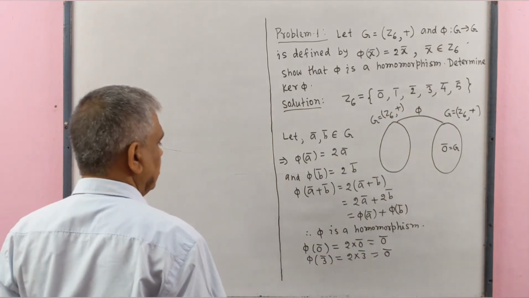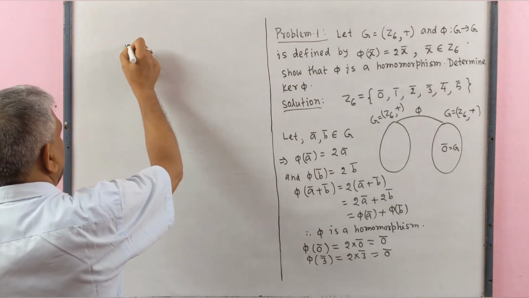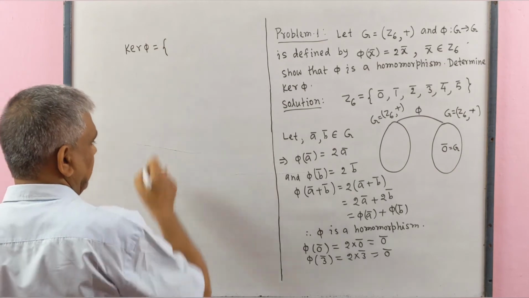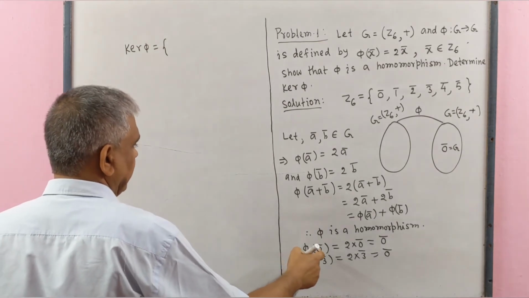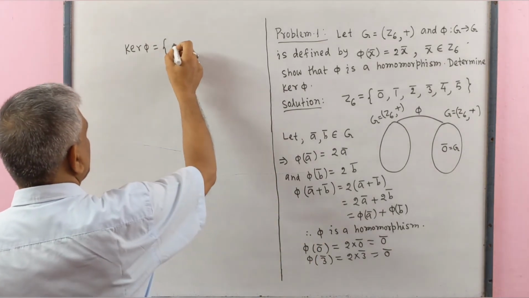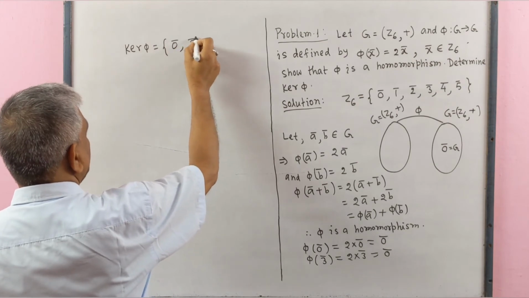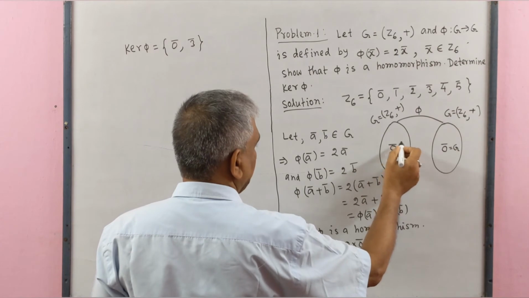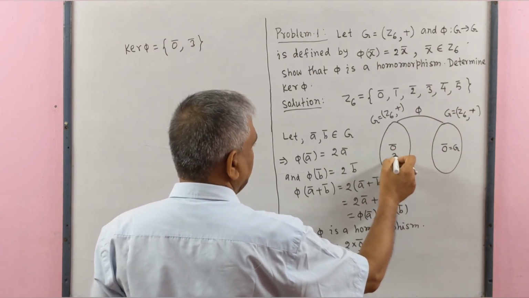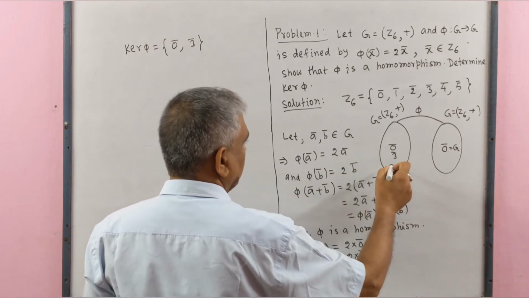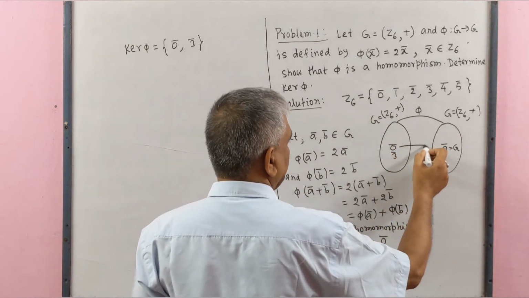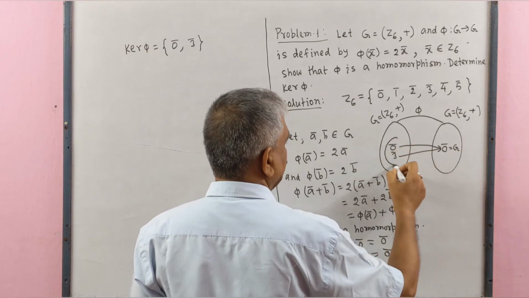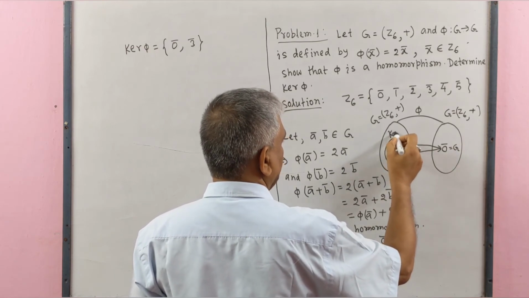So the kernel of phi will contain only the elements 0 bar and 3 bar, because both 0 bar and 3 bar give image 0 bar, and this is the kernel of phi.